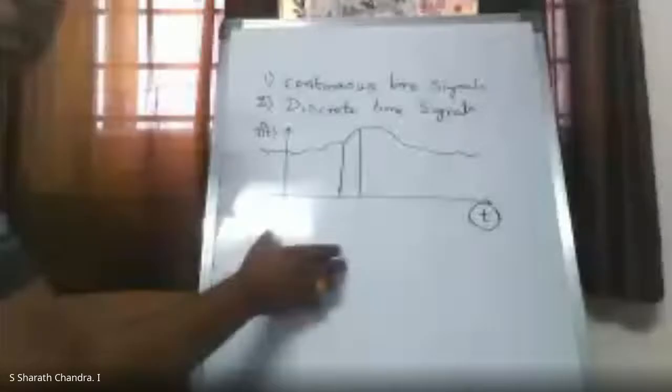That number is present on this x-axis, and with respect to these continuous values, if your amplitude also takes a continuum of values, where that amplitude is also continuous, then my main concern is the time axis, and these kinds of signals we call continuous time signals. This signal will definitely have some value at every instant of time.